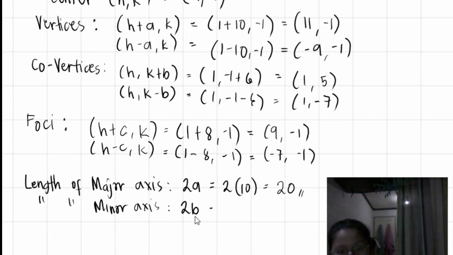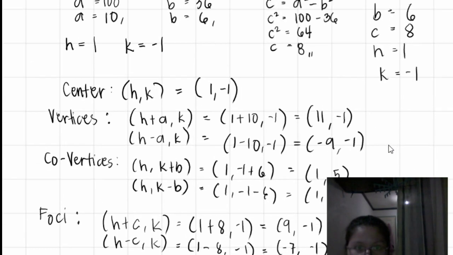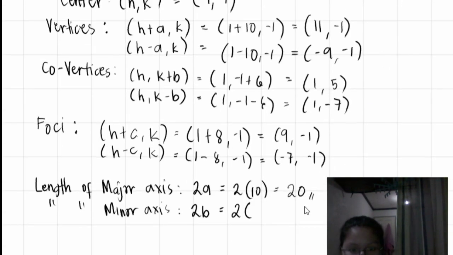While, minor axis naman natin, which is 2b, so 2 times b. So, ang b natin, ayan, b squared 36, so the b is 6. So, 2 times 6. 2 times 6 is 12. So, ito yung length ng ating minor. Again, the length of the major axis is 20, and then the length of the minor axis is 12.